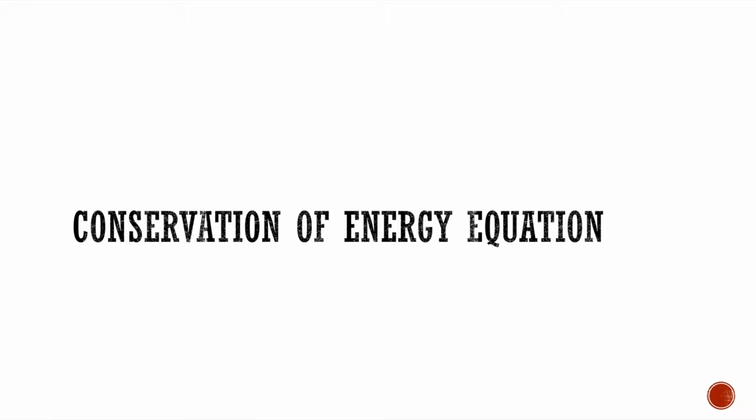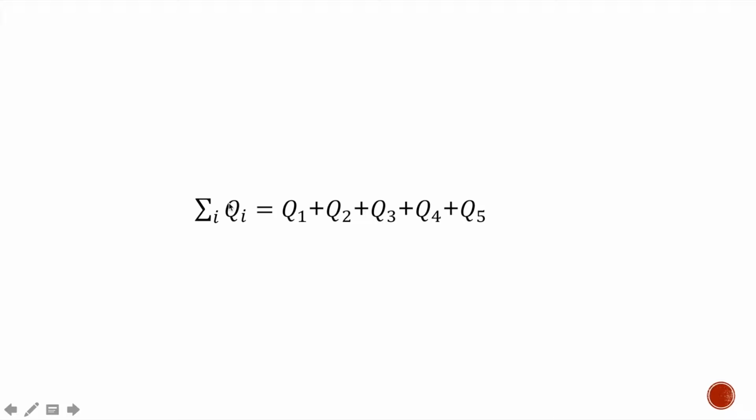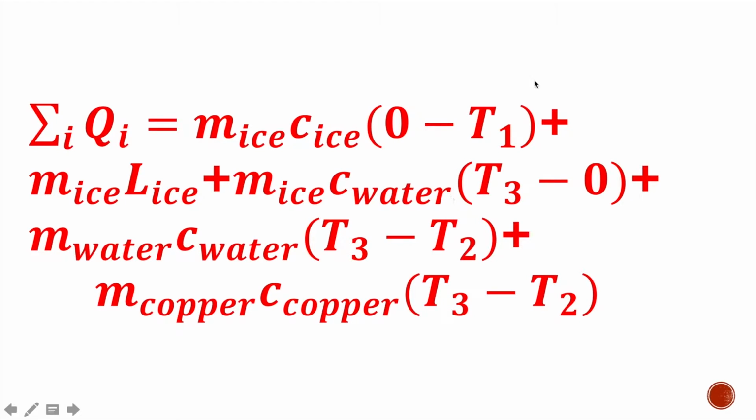Now the conservation of energy equation: the sum of the total heat absorbed or released in a process is equivalent to the sum of the single processes, that is Q1 plus Q2 plus Q3 plus Q4 plus Q5. Here we are adding each single process, that is mass of the ice into specific heat capacity of ice into, it was initially at a temperature of T1, it changes to a temperature of 0, so 0 minus T1.